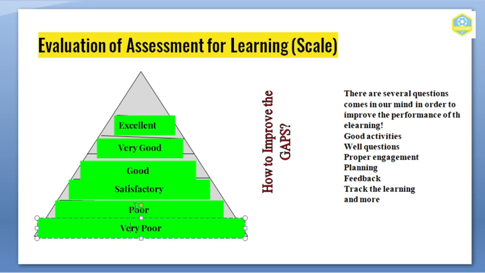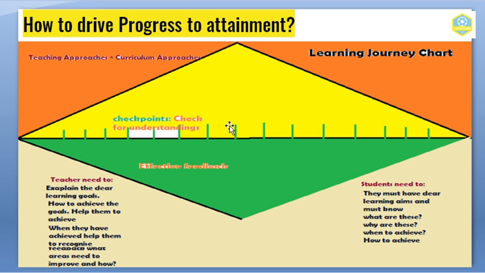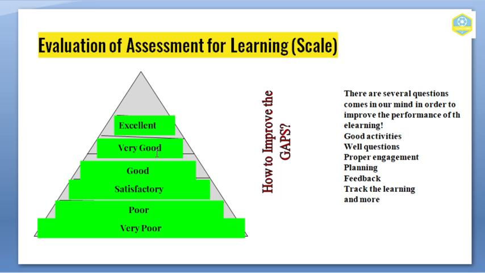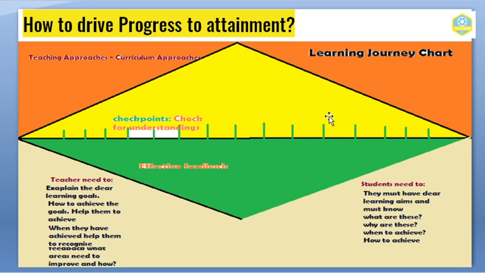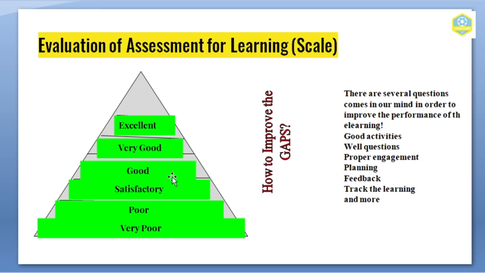So very poor, fair, and satisfactory, we can judge here, instead of at the end of the term or the end of the course. We have to observe here to improve the state. Assessment of learning helps to measure or evaluate the skill at the end of the course.